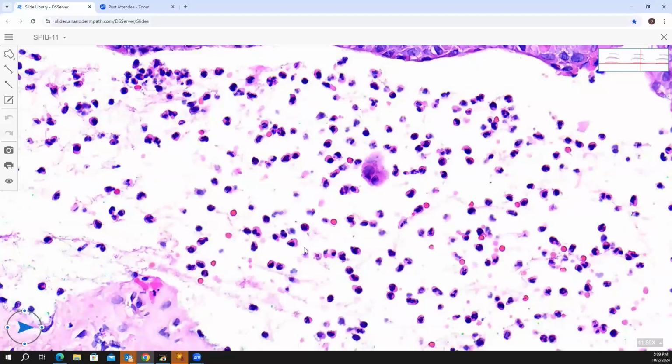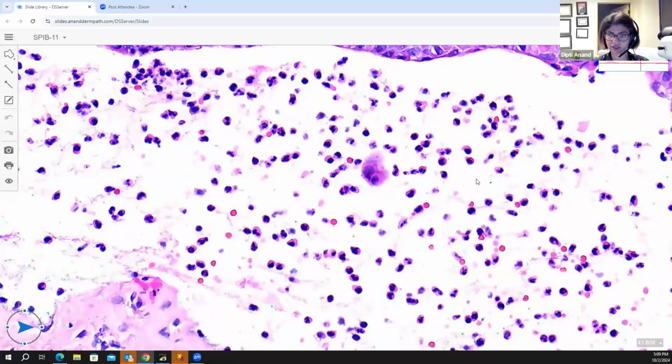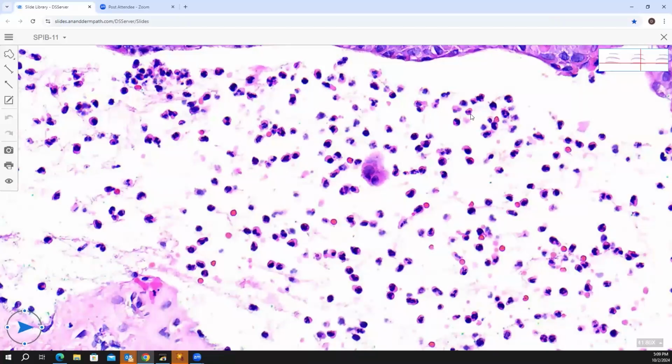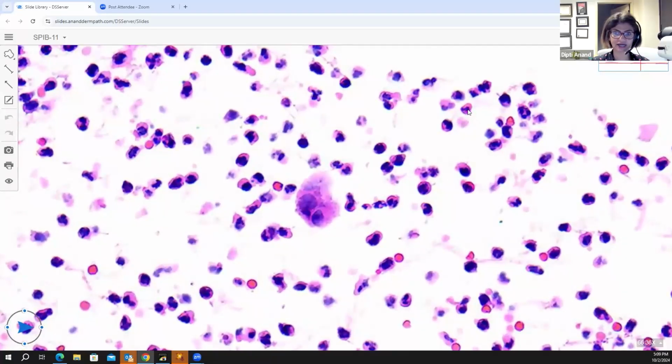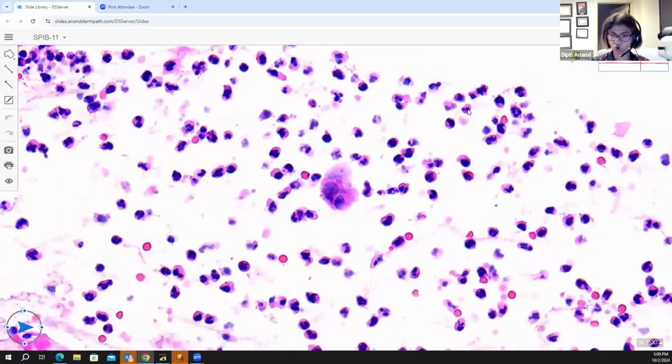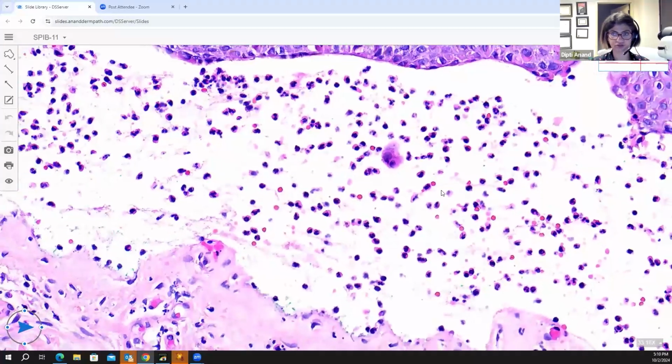So actually all the cells that I'm seeing in this field, maybe that's an EO. But other than that, every other cell in here is a neutrophil. Can you point to the EO one more time? Maybe, I'm not even 100% sure. Maybe this is an EO because I can see some granules in here. But the rest, all of them, are neutrophils.